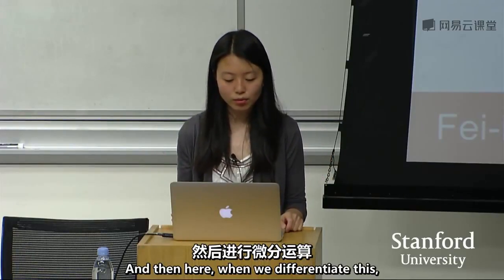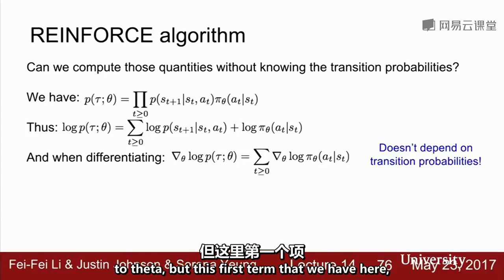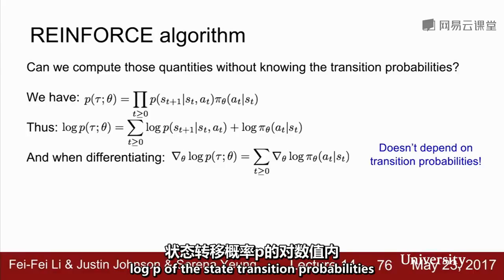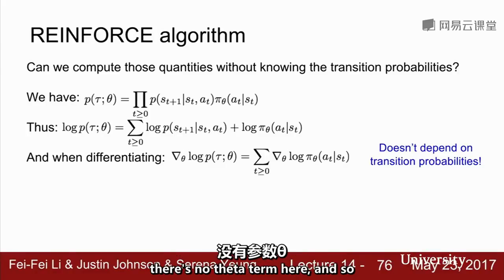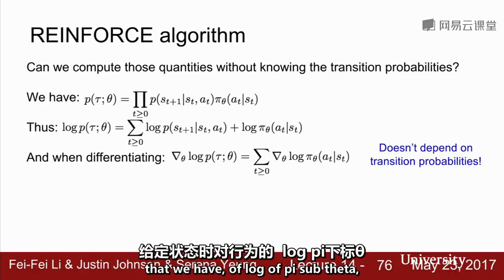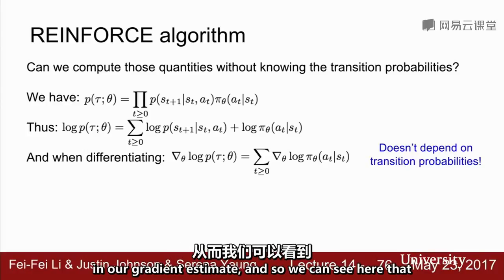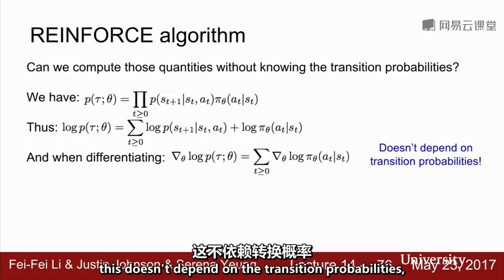Then, when we differentiate with respect to theta, the first term, log p of the state transition probabilities, has no theta in it. The only place where we have theta is the second term, log of pi sub theta of our action given our state. So this is the only term we keep in our gradient estimate, and it doesn't depend on the transition probabilities.